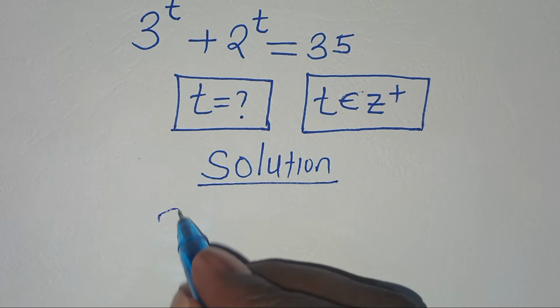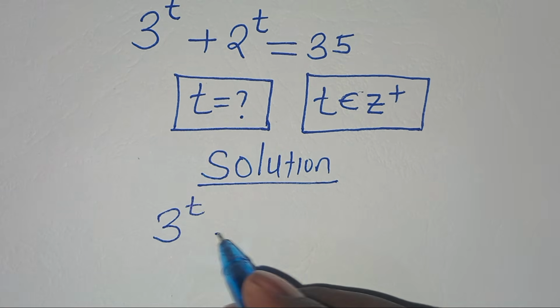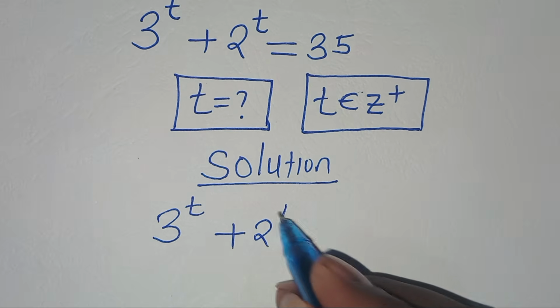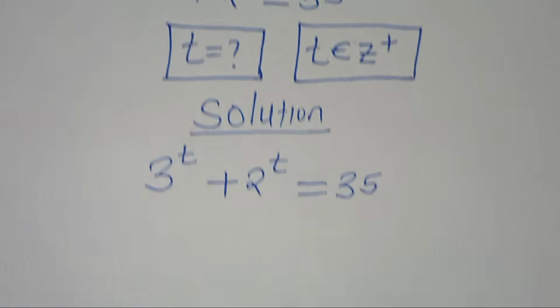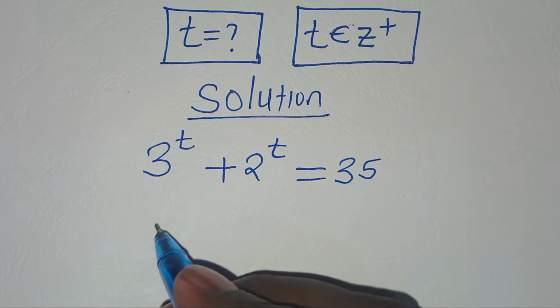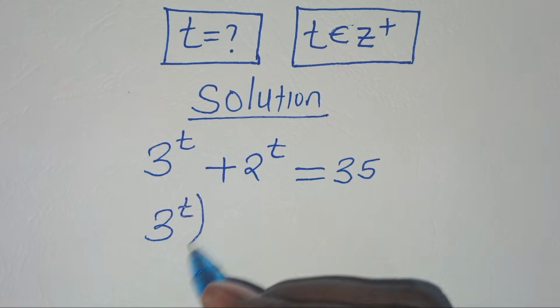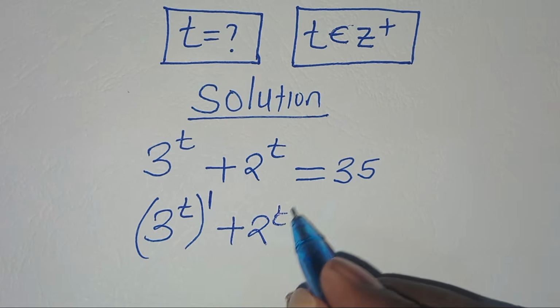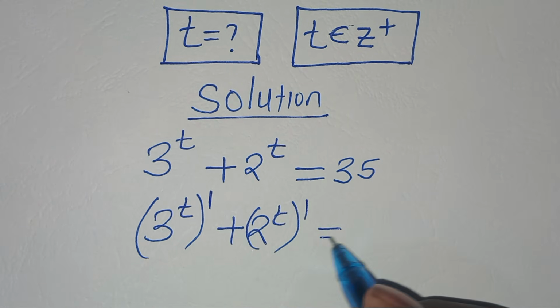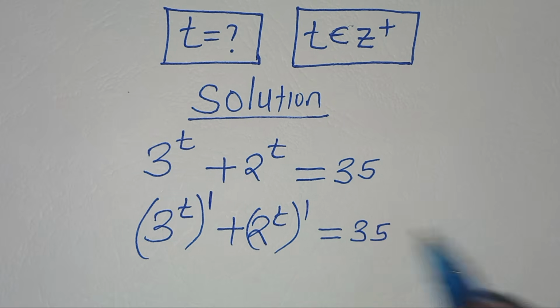So we have 3 raised to the power of t plus 2 raised to the power of t equal to 35. We can express 3 to the power of t as 3 to the power of t, then raised to the power of 1, plus 2 to the power of t raised to the power of 1, equal to 35.